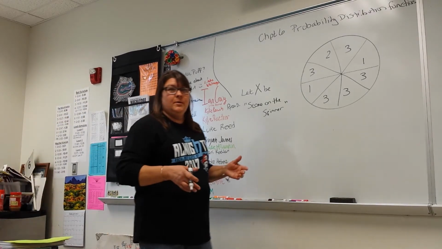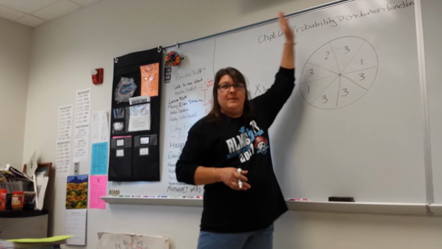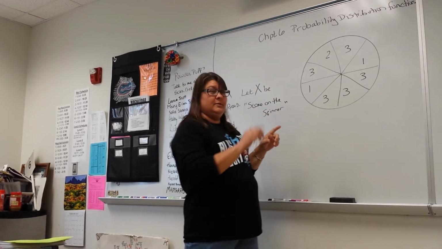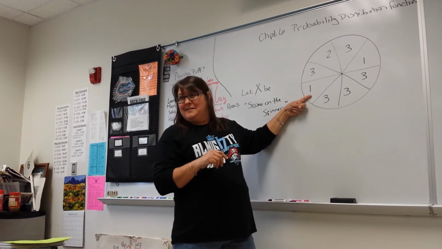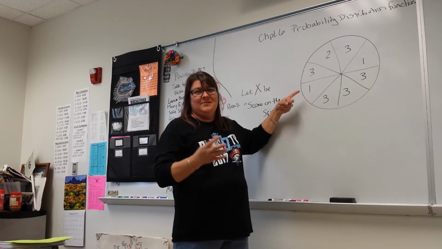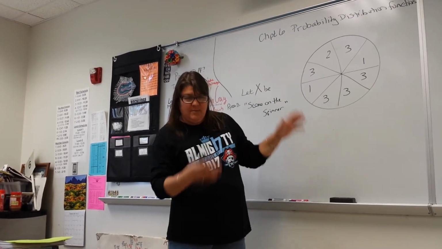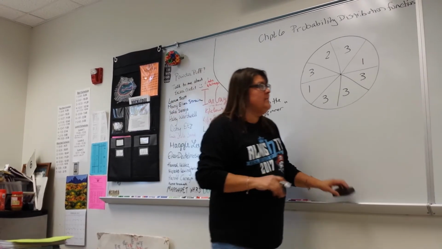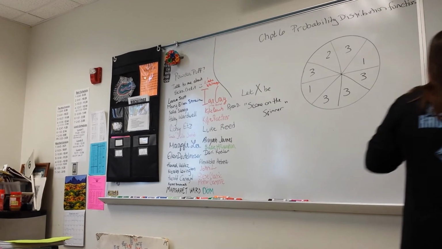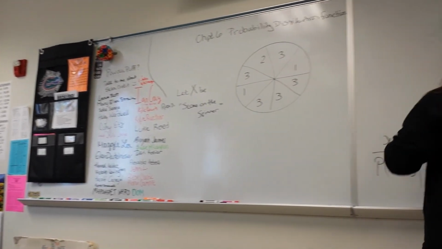So, you know the story. You spin the wheel and it stops, right? Does that make sense what I'm saying? So the story is you're spinning the wheel and you're going to land on a number. So create for me a probability distribution function of this story.